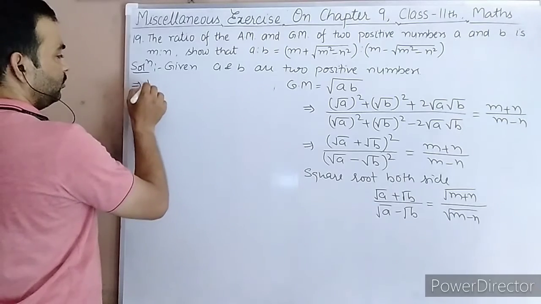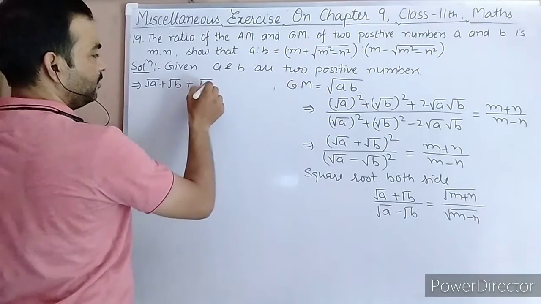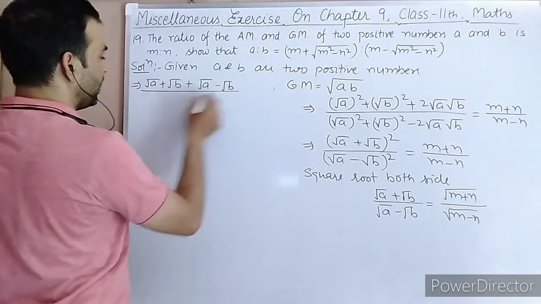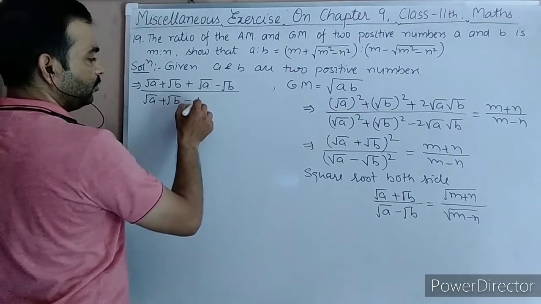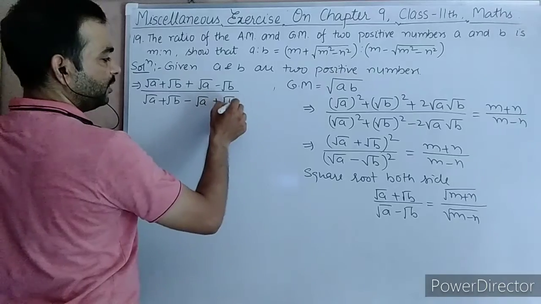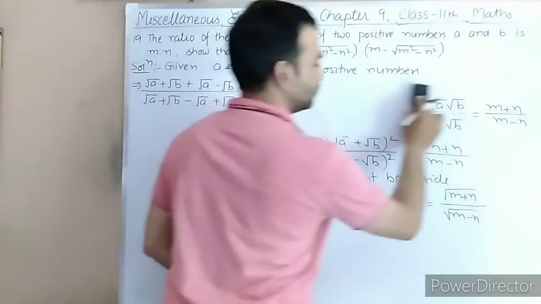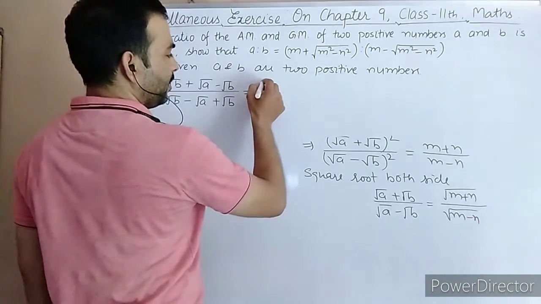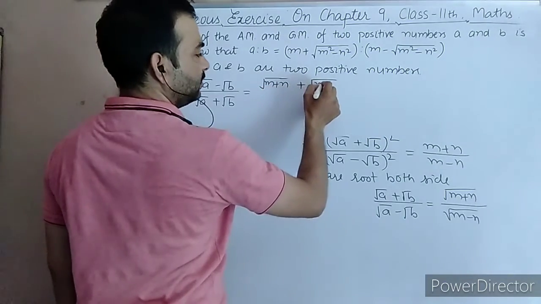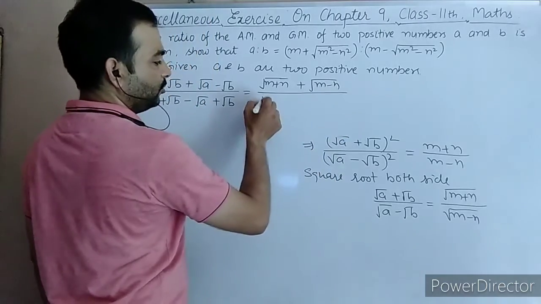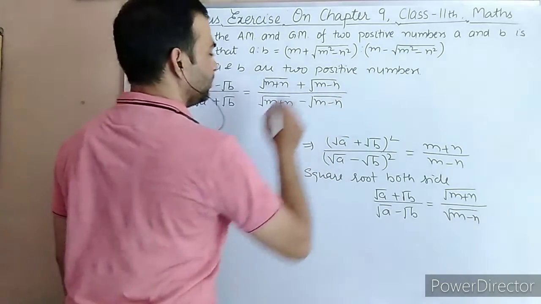So this implies (root a plus root b plus root a minus root b) divided by (root a plus root b minus root a plus root b) is equal to (root m plus n plus root m minus n) divided by (root m plus n minus root m minus n).